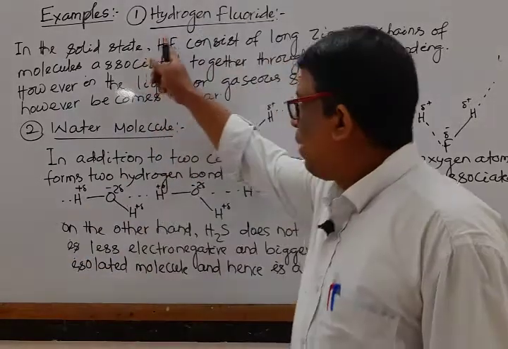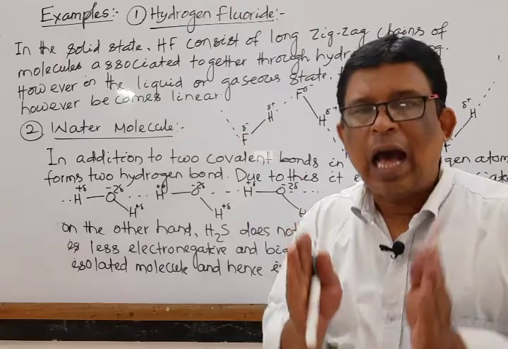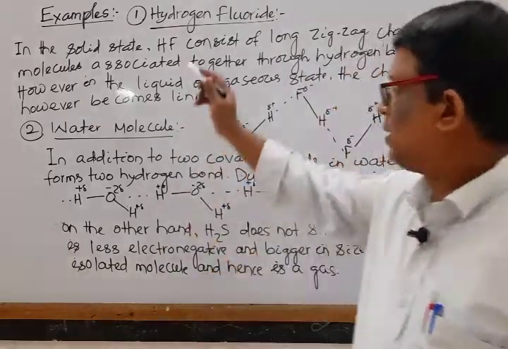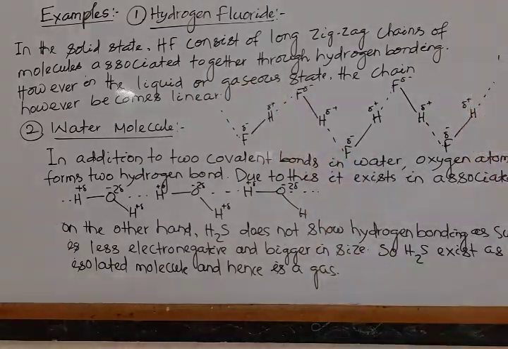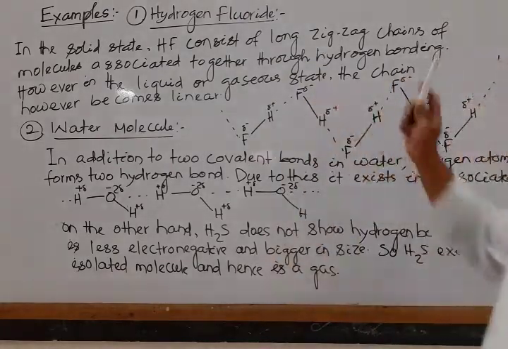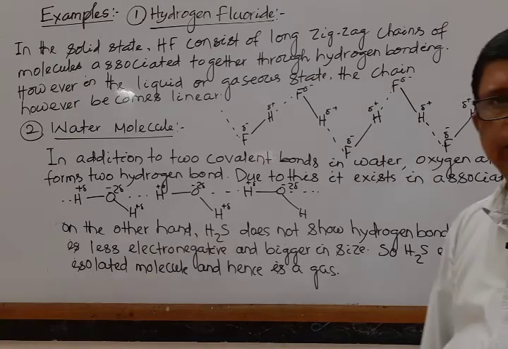Mark that. First example is HF, hydrogen fluoride or hydrofluoric acid. In the solid state, hydrogen fluoride consists of long zigzag chains of molecules associated through hydrogen bonding.